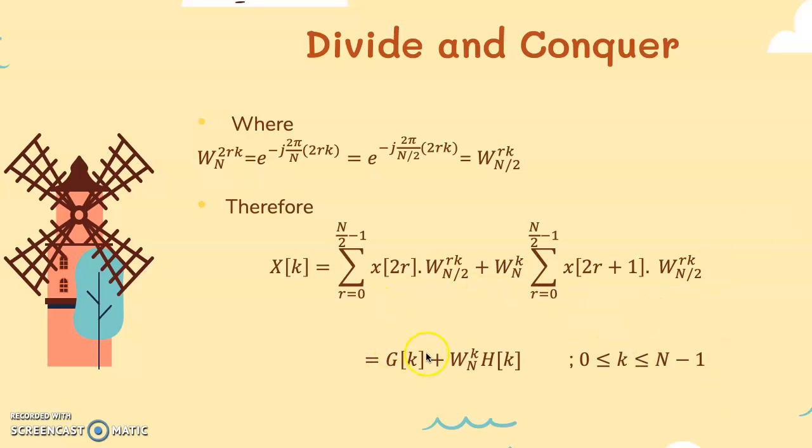And we can simplify it by saying G[k] plus W_N^k H[k], for k from 0 to N minus 1, where G[k] is the even term and H[k] is the odd term, right? So this is how you derive the divide and conquer.